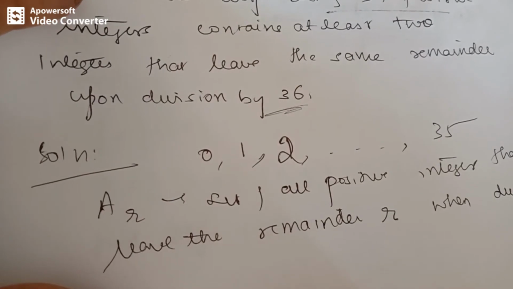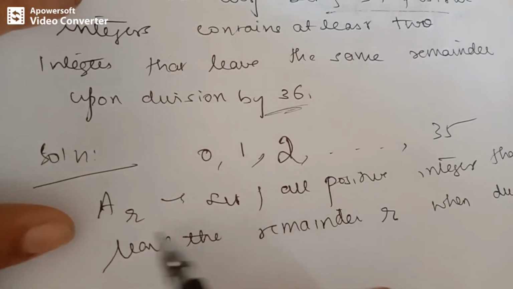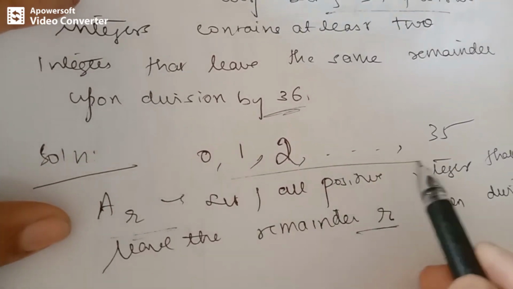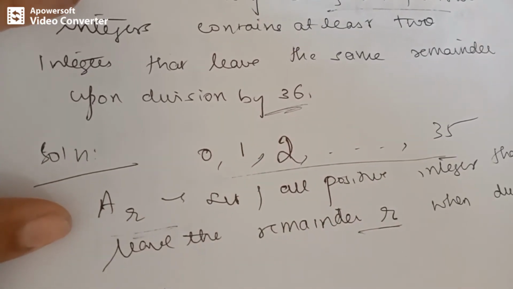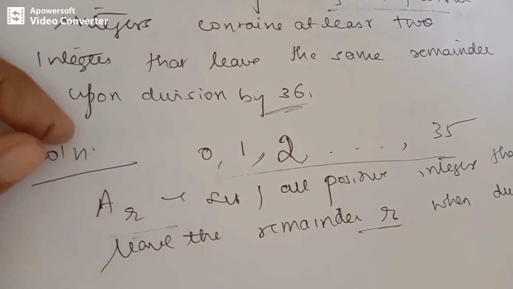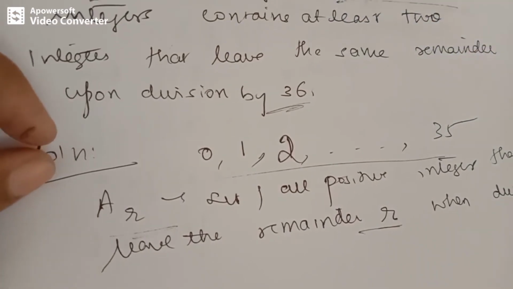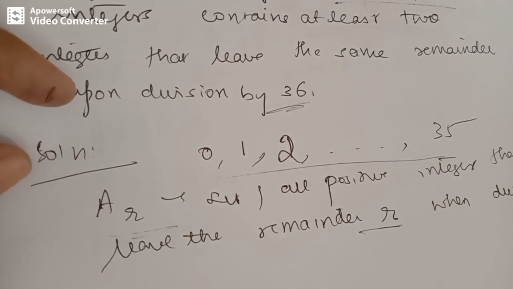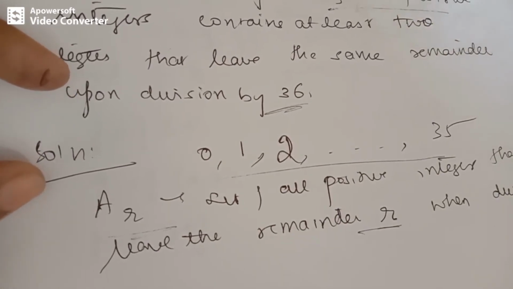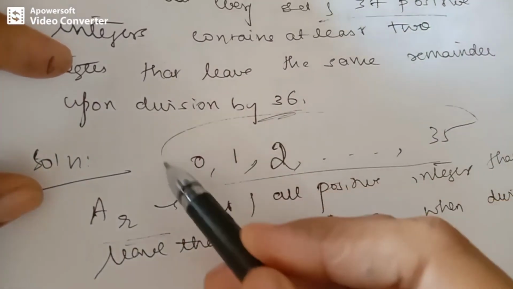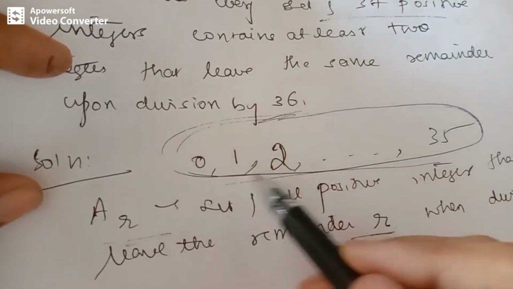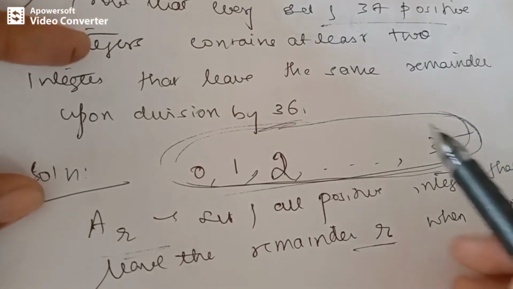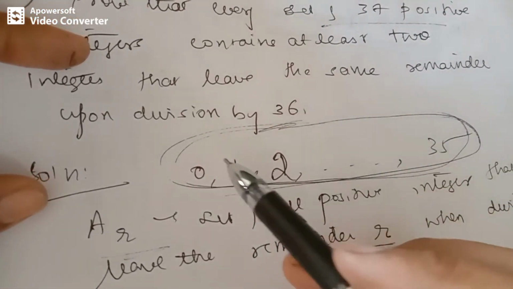So A_R denotes the set of all positive integers that leave the remainder R when divided by 36. Now we can say that every positive integer belongs to one of these 36 sets. Any number, if you take it and divide by 36, belongs to one of these remainders.